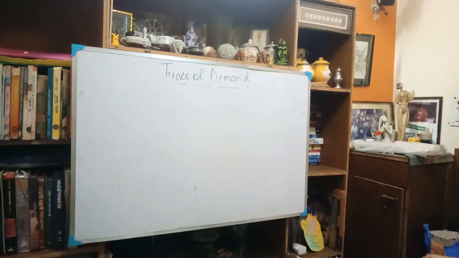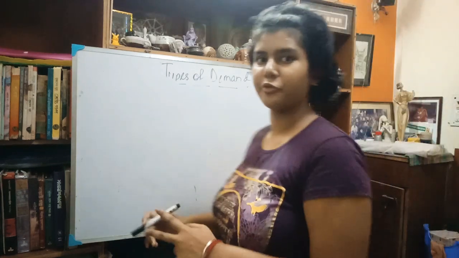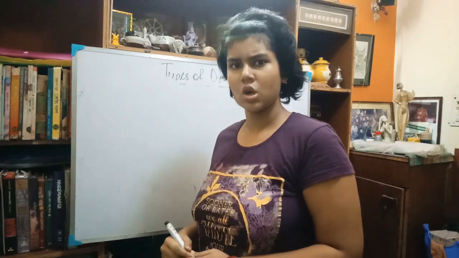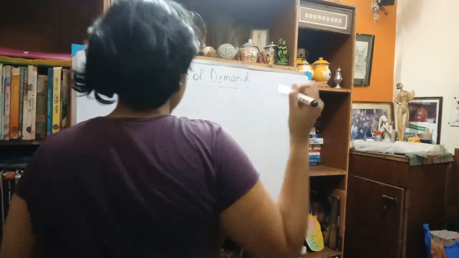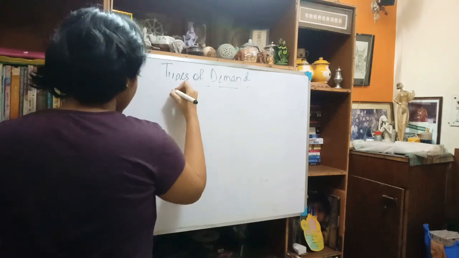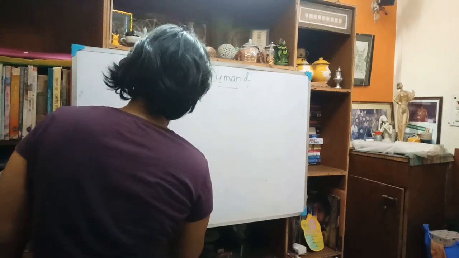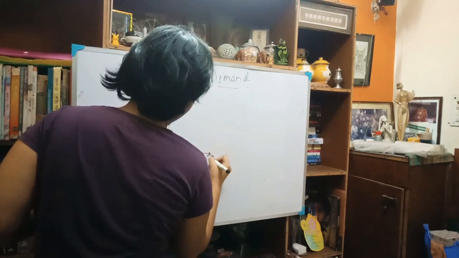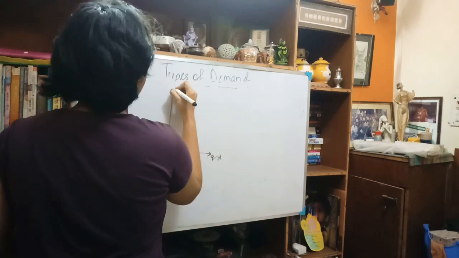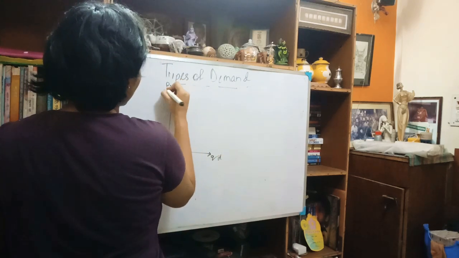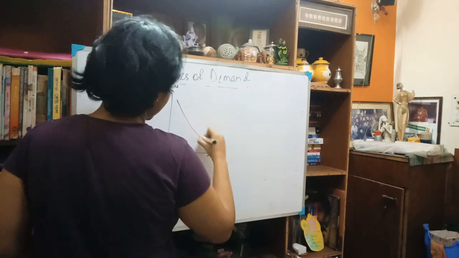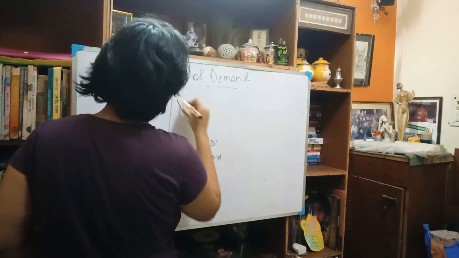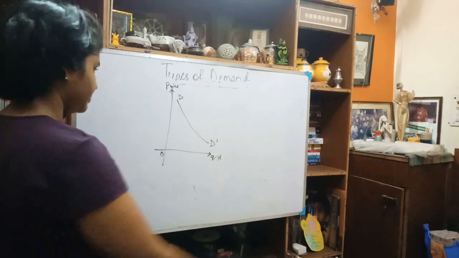Now we need to come to the type of graph. What type of graph? The graph in this case is downwards. Let's draw the graph again. QD, price. Don't forget to give the origin 0, okay? This is also essential. This is a downward sloping demand curve, D dash. Why?